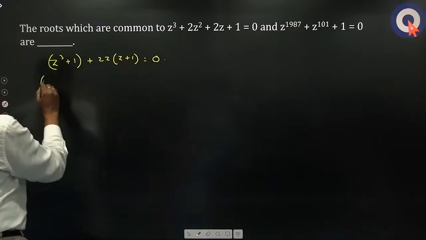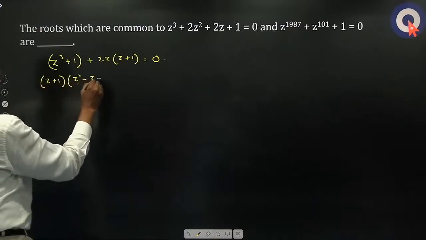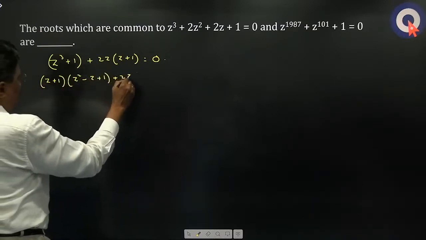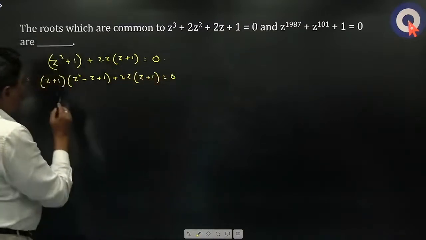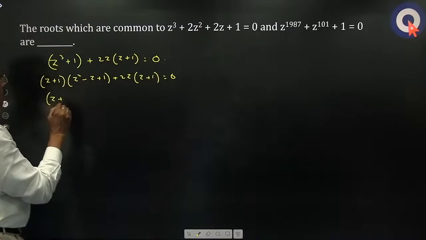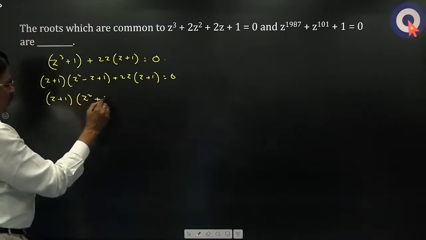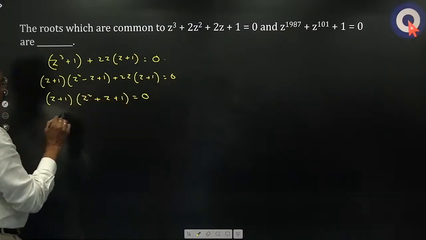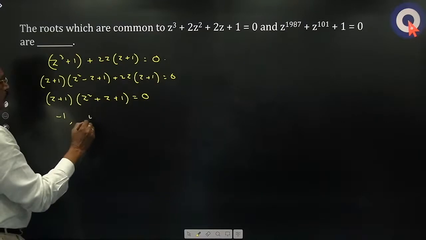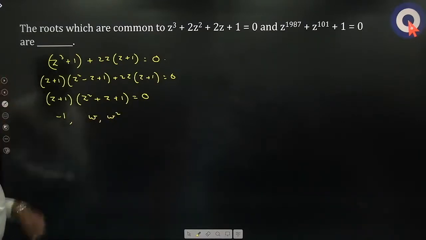So we have z plus 1 into z square minus z plus 1 plus 2z into z plus 1 equal to 0, right? So you can take z plus 1 common: z plus 1 into z square minus z plus 2z becomes z plus 1 is equal to 0. So from this minus 1 is one root, here we get omega square, where omega is the complex cube root of unity.